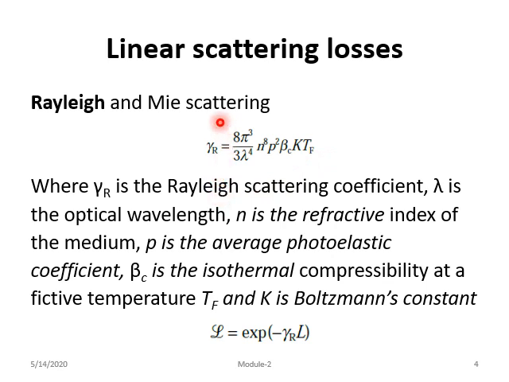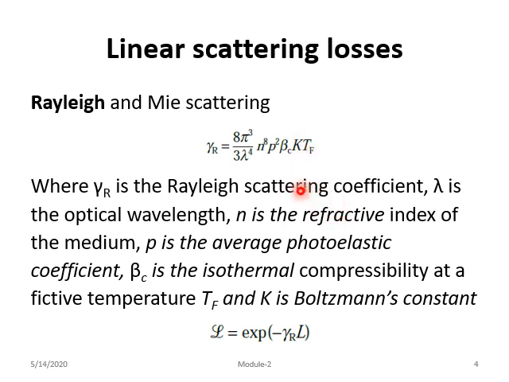Here gamma r is the Rayleigh scattering coefficient, lambda is the optical wavelength, n is the refractive index of the medium, p is the average photoelastic coefficient, beta c is the isothermal compressibility at the effective temperature Tf, and k is the Boltzmann constant.